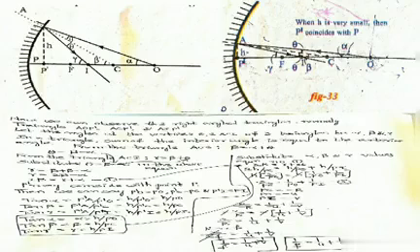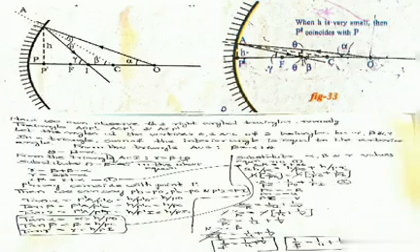When height h becomes very small, P dash may coincide with P, which is the pole of the mirror.